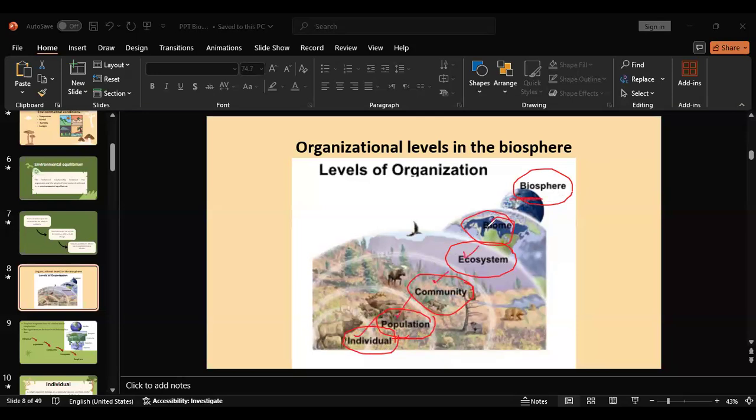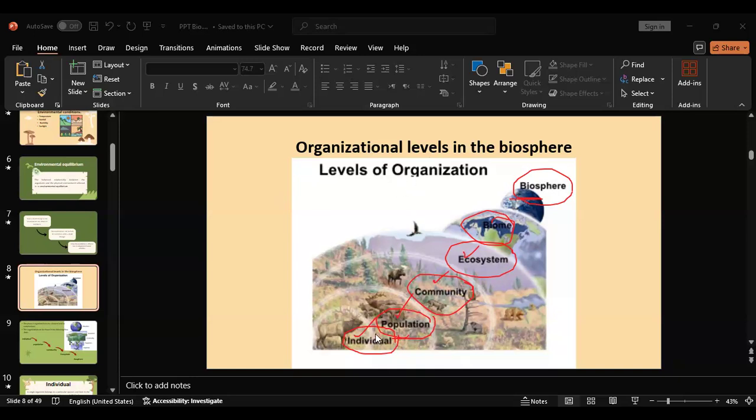First we have to know what the levels are and how to define them. You should know the definition of each, then an example. These things you have to know. Normally this is organized from simple to complex.